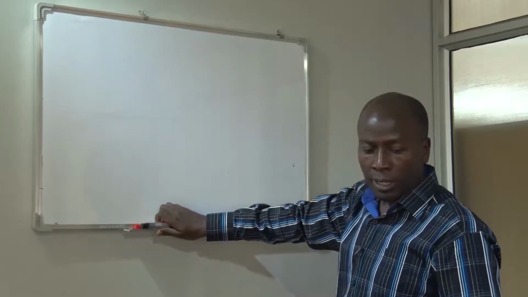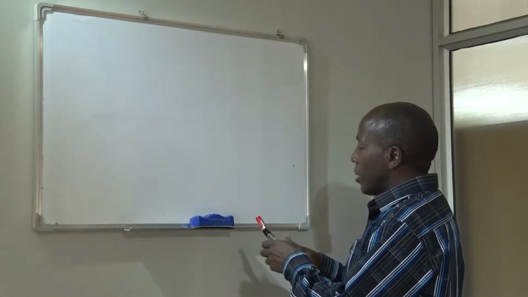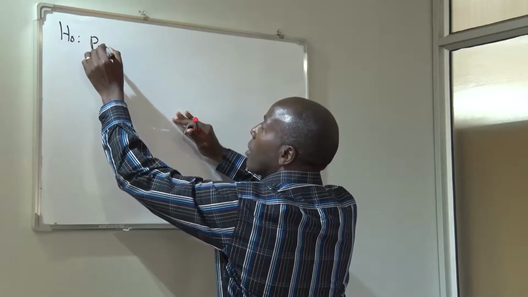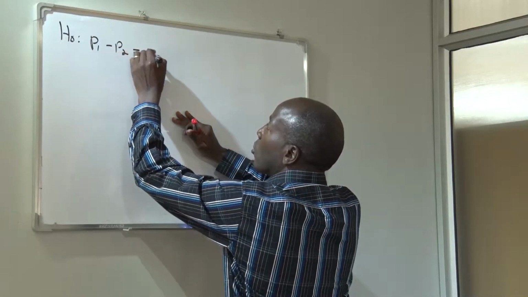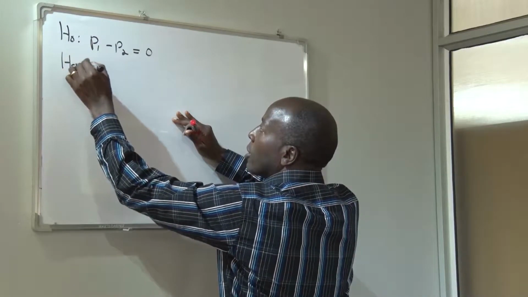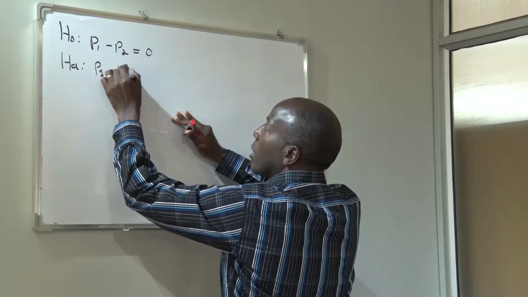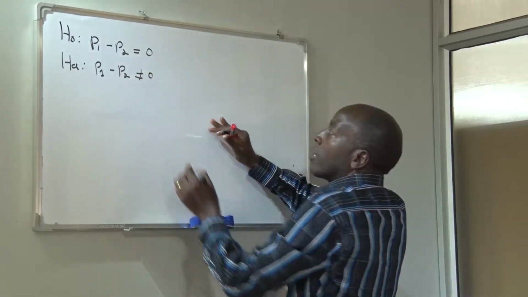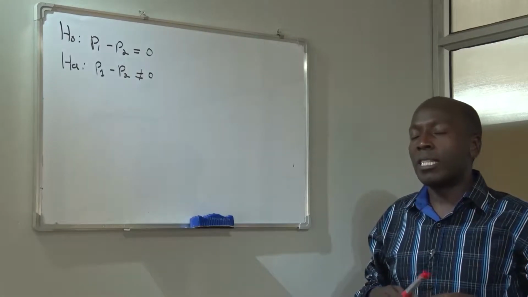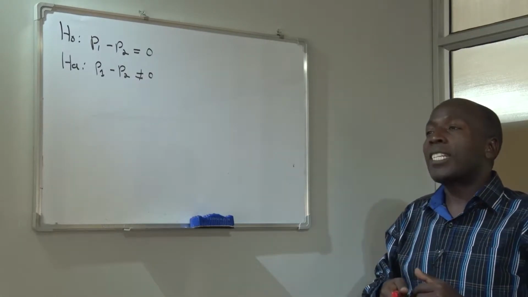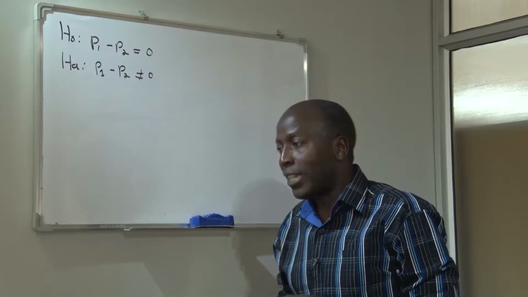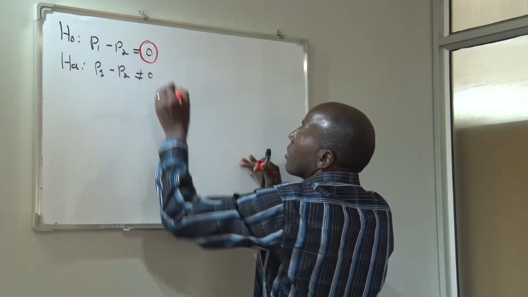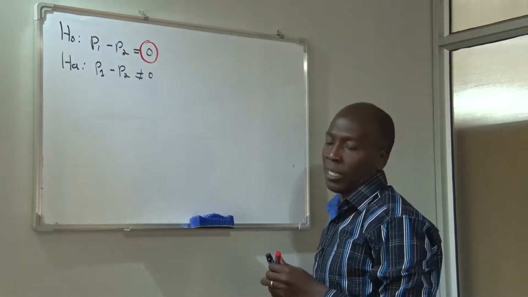So, under the confidence interval, we had this null hypothesis that P1 minus P2 is equal to 0. And we had the alternative that P1 minus P2 is not equal to 0. Please note that when we are using the confidence interval to reject the null hypothesis, it is all based on this value that is hypothesized under the null hypothesis.